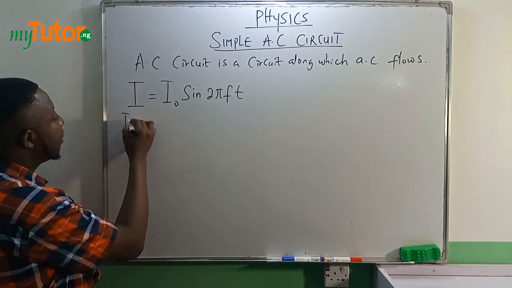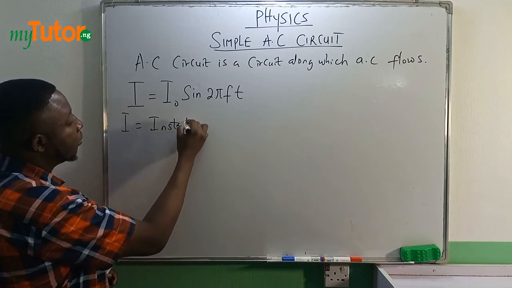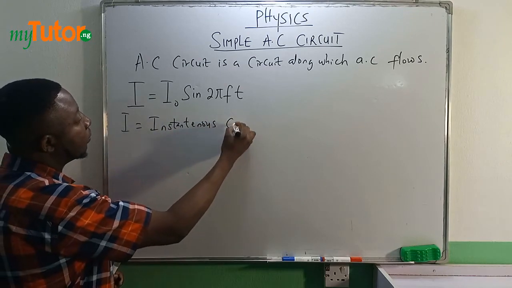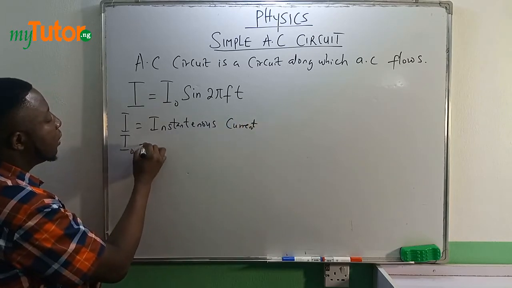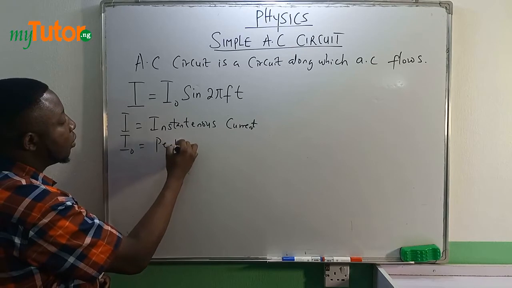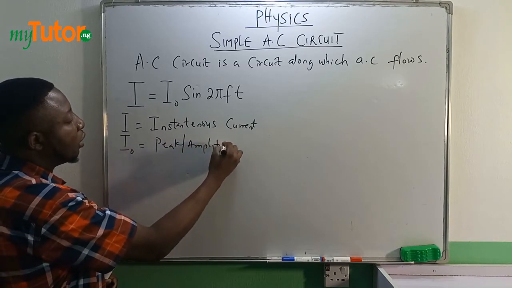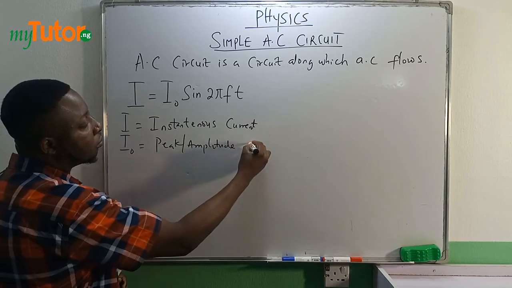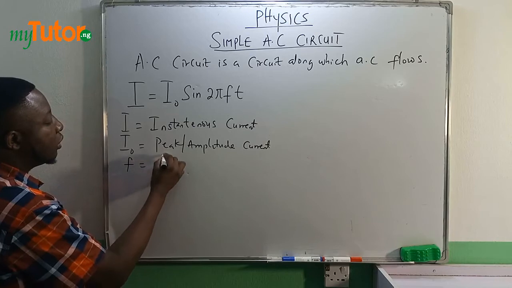The I is called the instantaneous current. The I naught is called the peak current or the maximum current, or also called the amplitude current. The f is called the frequency.